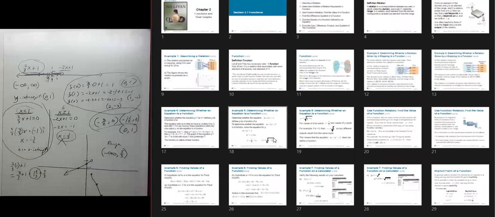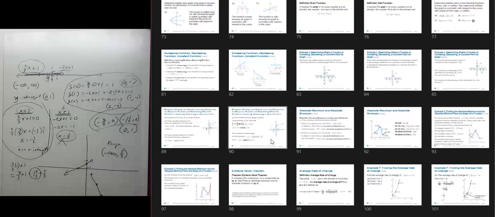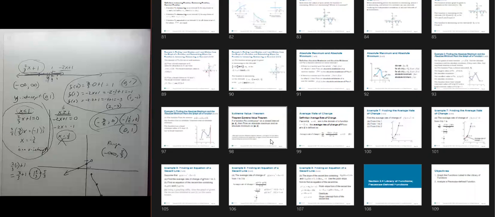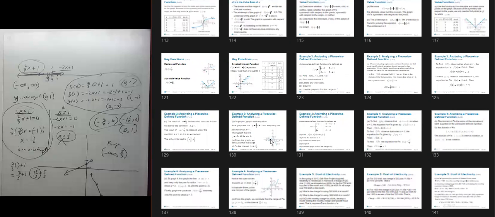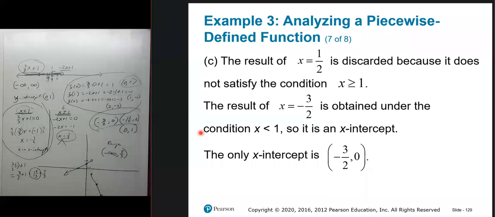We're not there yet. Oh, there we are. Functions, and graph of functions, and properties of functions. Is that where we're at? No, we're at piecewise. There we are, piecewise. There we go.